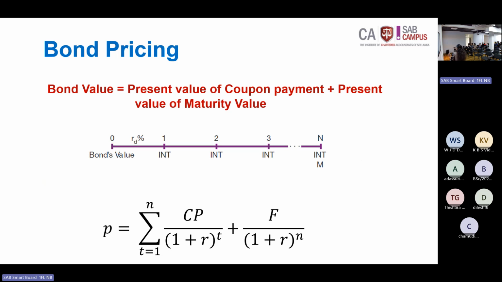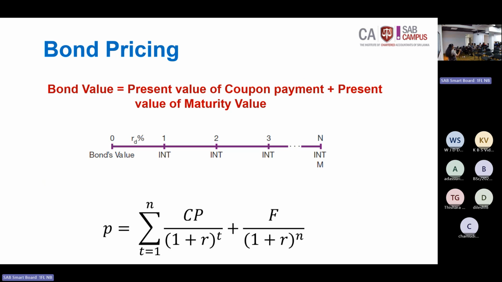So this is what we have identified. Therefore, bond valuation is definitely based on the intrinsic value. What do you mean by intrinsic value? Present value of all future cash flows.